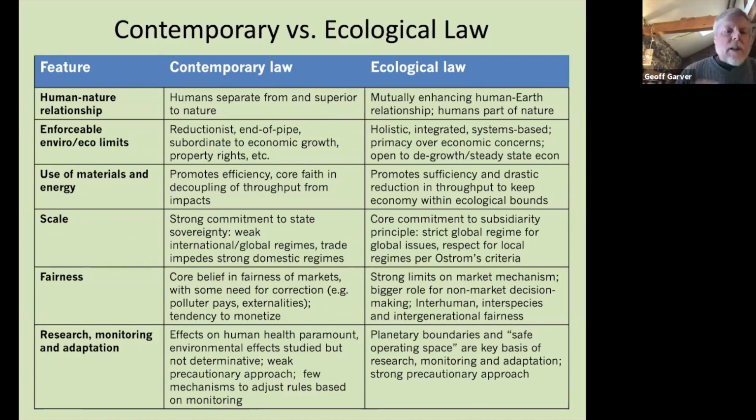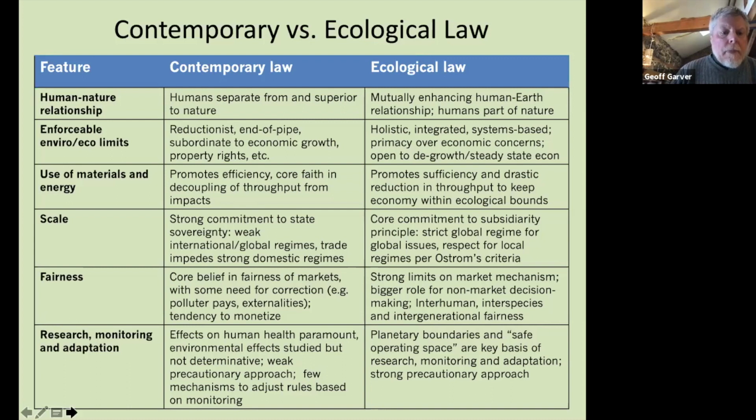Without going through this in detail, we can see that there are key differences in terms of the view of the human-nature relationship, the enforceability of environmental and ecological limits, key considerations in terms of the use of material and energy, different views with respect to the scale on which law and policy operate, different notions of fairness, and then again, different notions of what's important to study and of being adaptive.